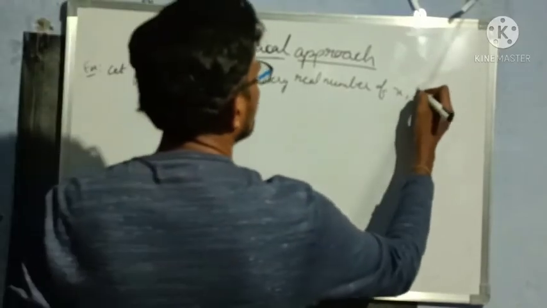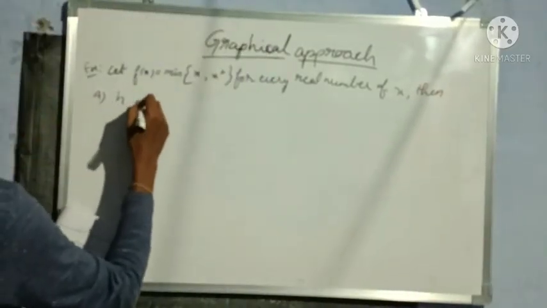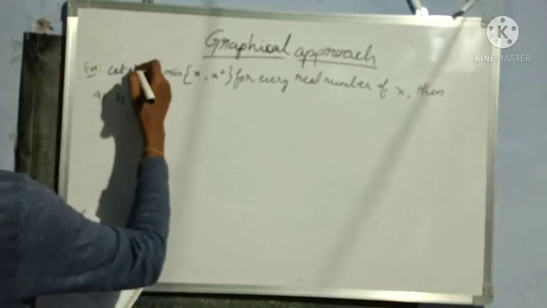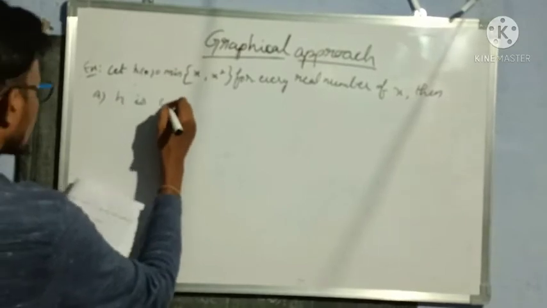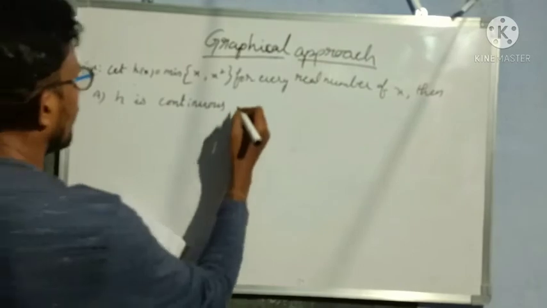Then, here also options are given. Option A, h is continuous for all x.